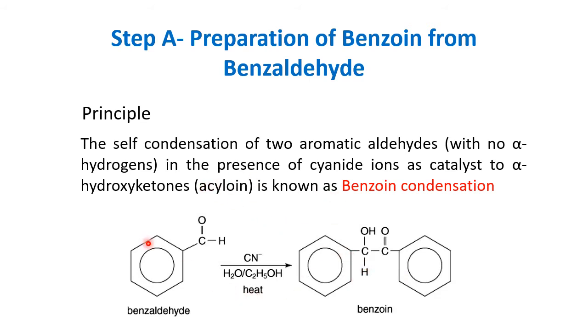Now here it is important to note that the aldehyde you are using is one without any alpha hydrogen. So the alpha carbon, that is the carbon adjacent to the aldehyde group, must not have hydrogen. So aromatic aldehydes with no alpha hydrogens undergo these reactions. Clear?